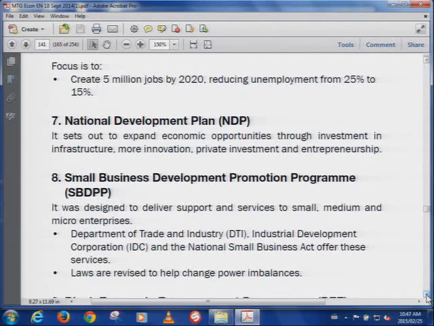Those are some of the goals of the NDP. Also to create jobs or to reduce unemployment to about 14% in the year 2020 and to about 6% in the year 2030.